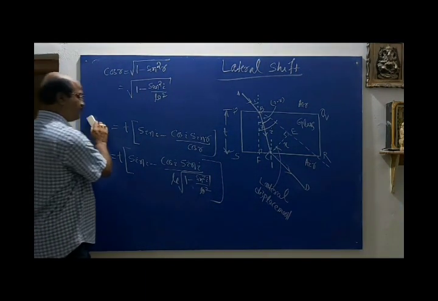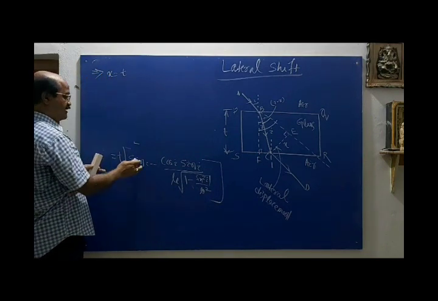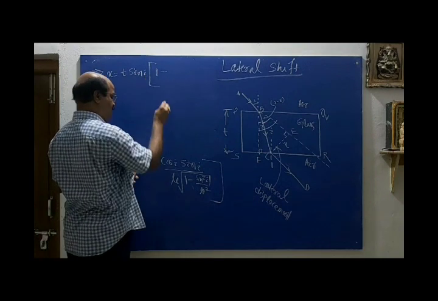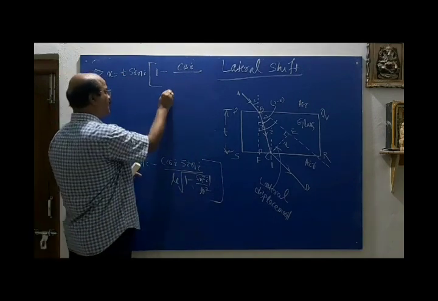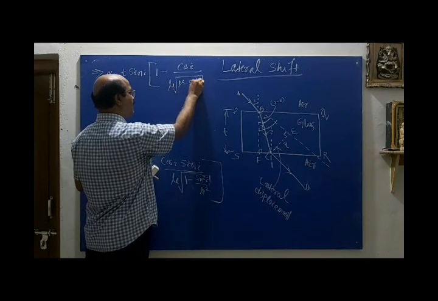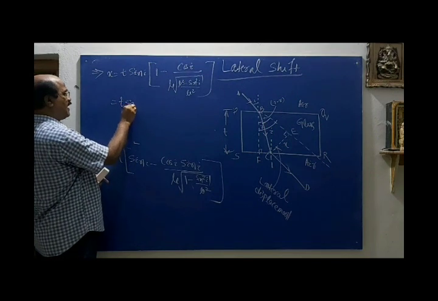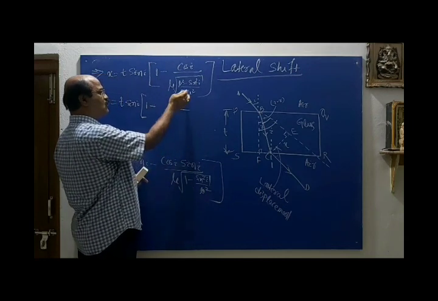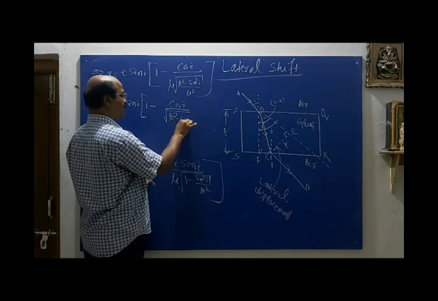That implies x equal to t sin i into 1 minus cos i divided by square root of mu square minus sin square i by mu square, that is equal to t sin i into 1 minus cos i divided by square root of mu square minus sin square i, with mu in the denominator.